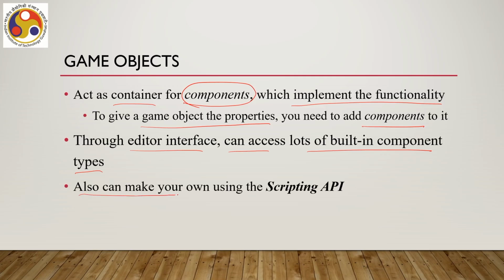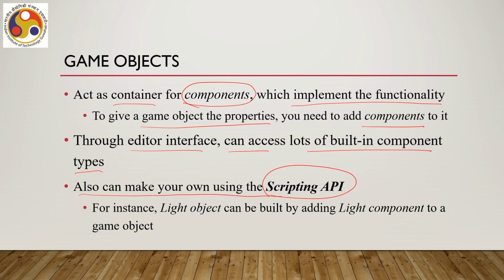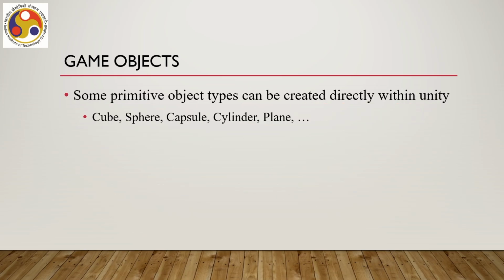We can also make our own components and game objects using scripting APIs. For instance, a light object can be built by adding the light component to a game object with a script. Now, there are some primitive object types that can be created directly within Unity, such as cube, sphere, capsule, cylinder, plane, basic shapes.